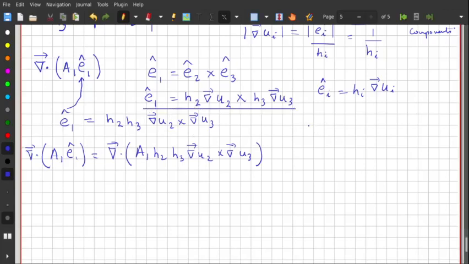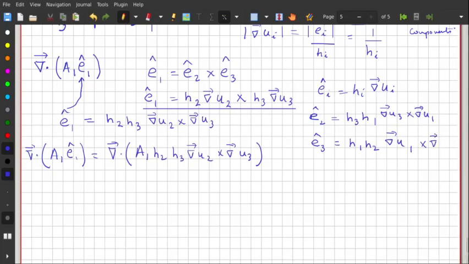So we can write e2 is h3 h1 grad u3 cross grad u1, just using the cycling nature of 1 2 3. And similarly for e3 we can write e3 equals h1 h2 grad u1 cross grad u2.